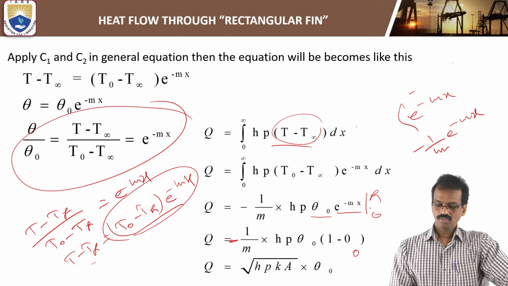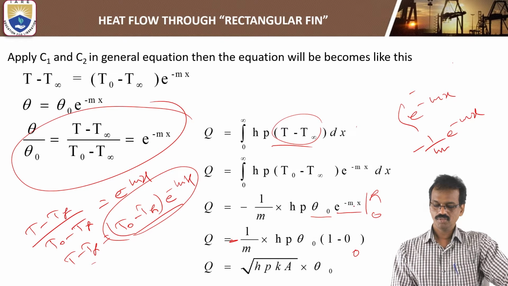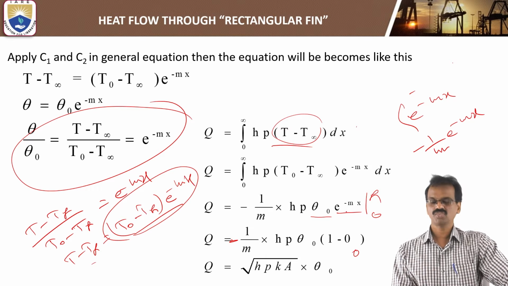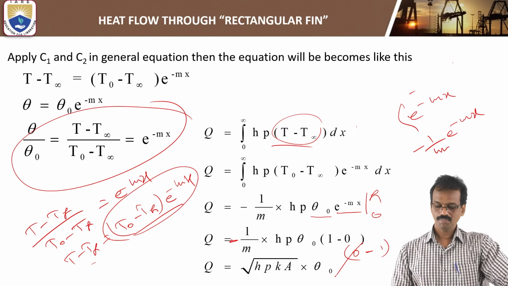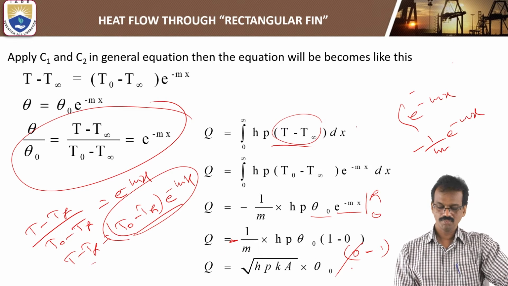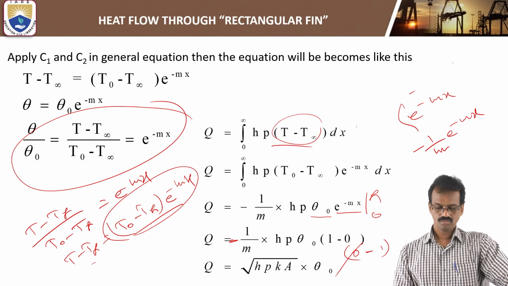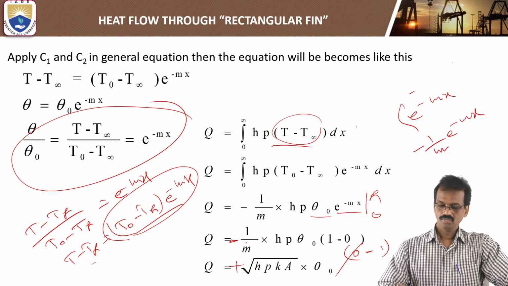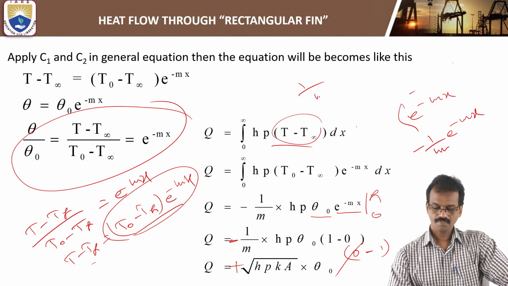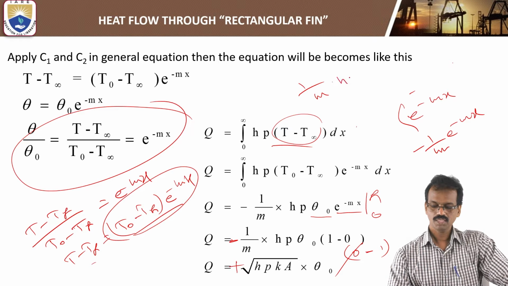If you substitute the 0 value, e to the power of m into 0 means e to the power of 0, which is equal to 1. So 0 minus 1, and the minus sign becomes positive. Then we get 1 by m into hp theta naught.